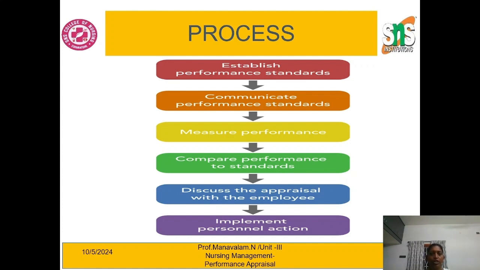Second one is communicate the performance standards. Whatever standards we have established should be communicated clearly to all the employees. That is very much essential. Clear communication is very much essential. Only then can each and every employee understand the standards they have to follow.